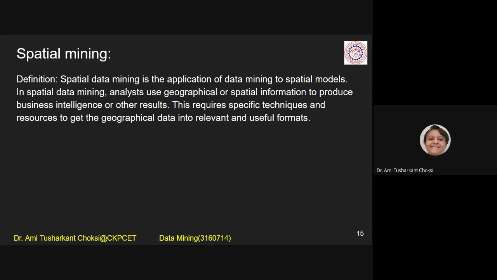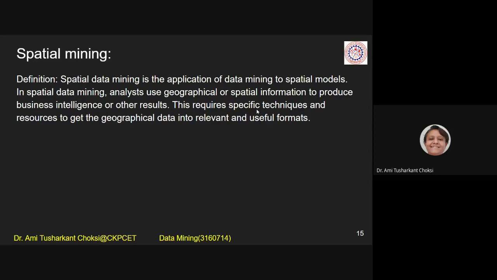The definition is: spatial data mining is the application of data mining to spatial models, the models which take space into consideration. In spatial data mining, analysts use geographical or spatial information to produce business intelligence or other results.